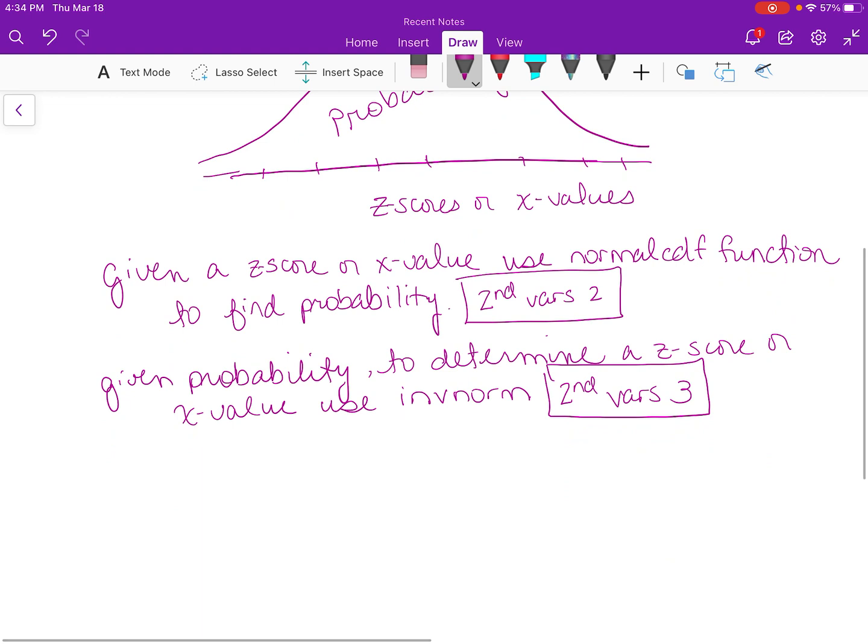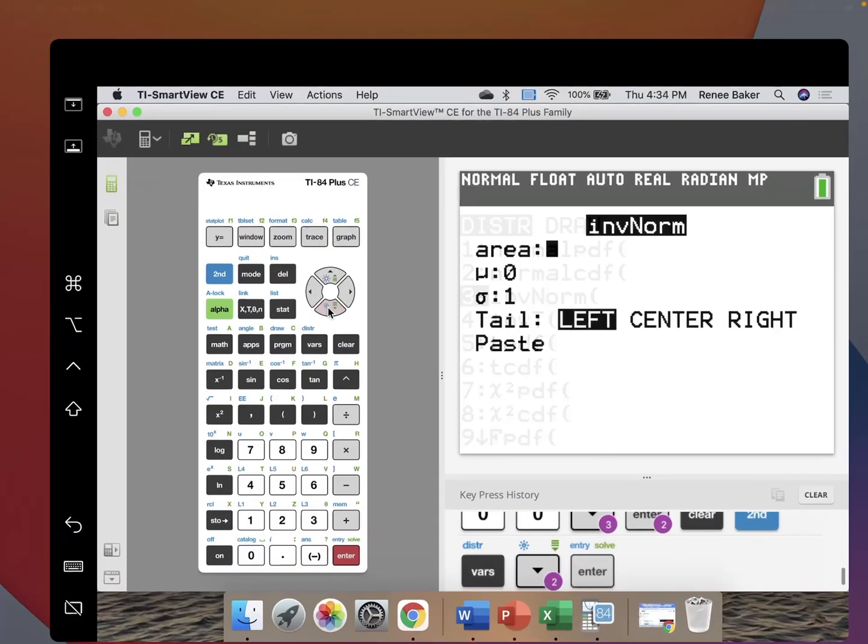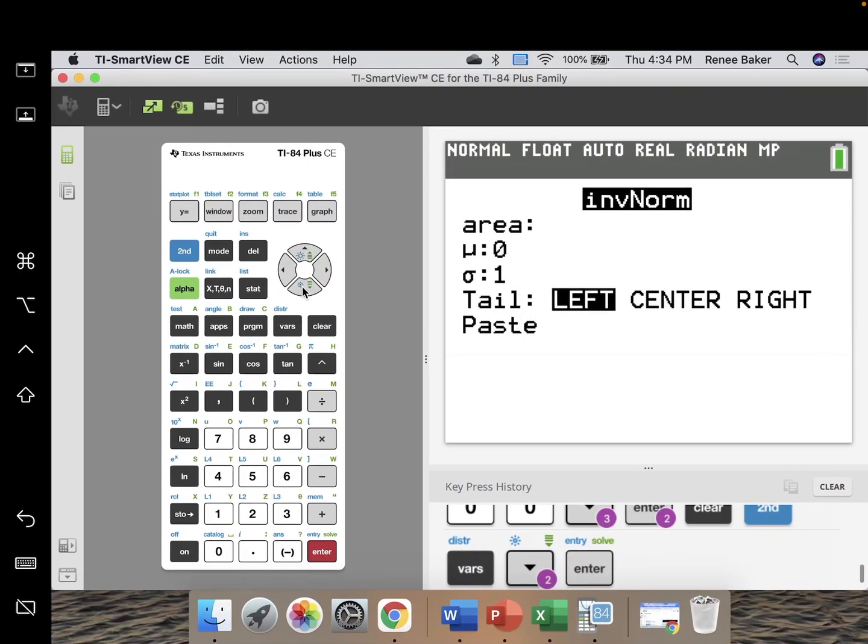Now, the inverse norm function is not used as frequently as other functions on the calculator. And so if you have an older calculator, the inverse norm function will not have this extra part here that asks you about the tail. If this comes up on your calculator, just leave it on left because I want everybody doing the same thing. I don't want to confuse anybody by giving you multiple different directions.